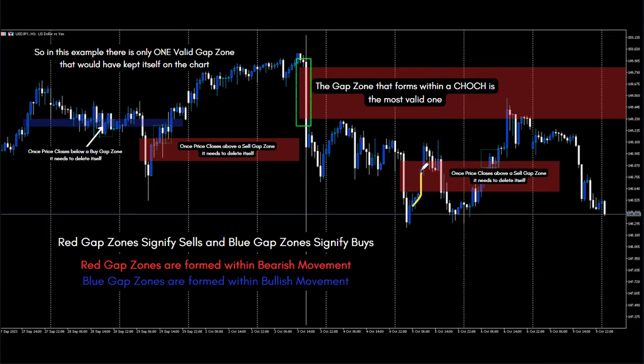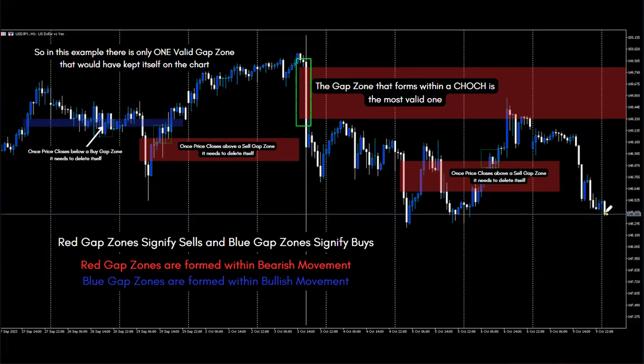And then price came back up and it closed above it. This candle here closed above this line on that gap. So now this entire thing is irrelevant and you need to remove it from your chart. Once the gap gets filled and breaks above it, it's no longer relevant to be there.